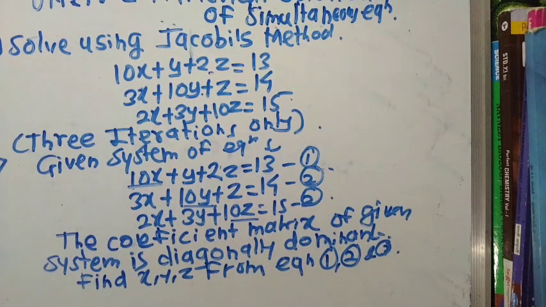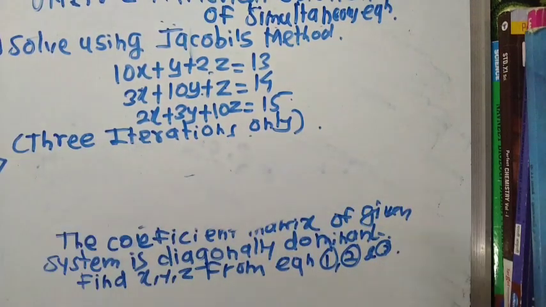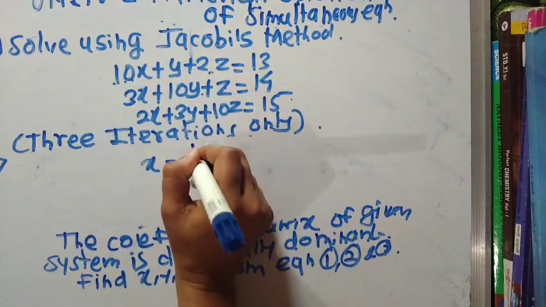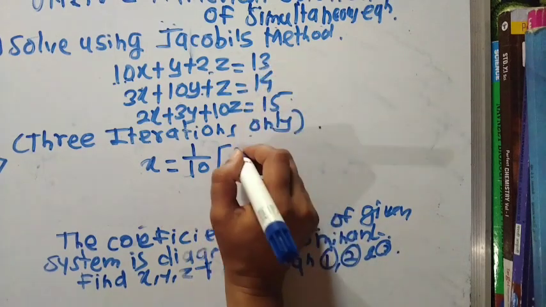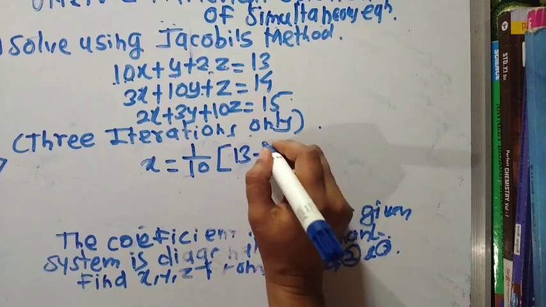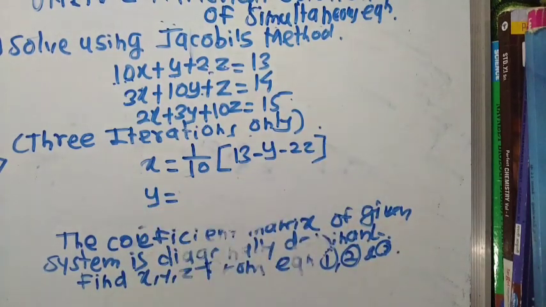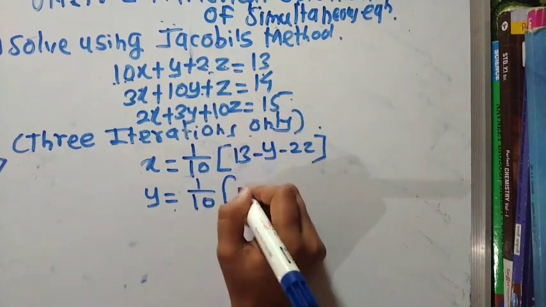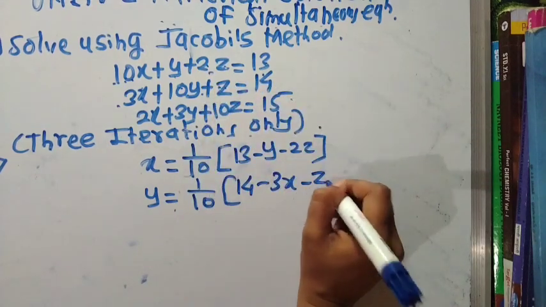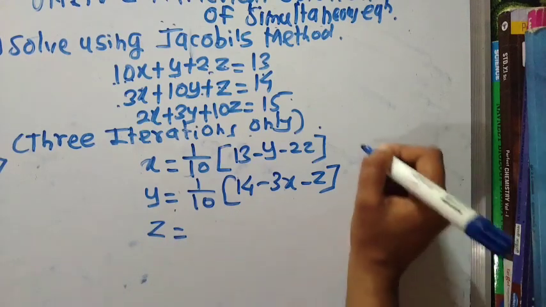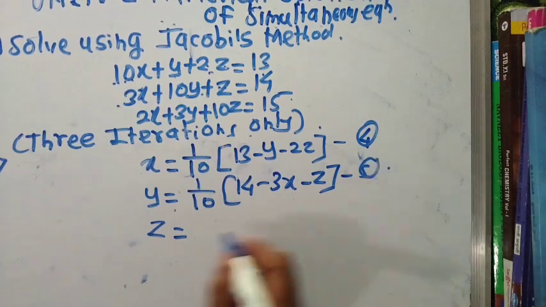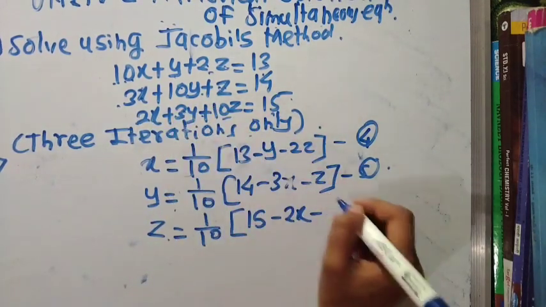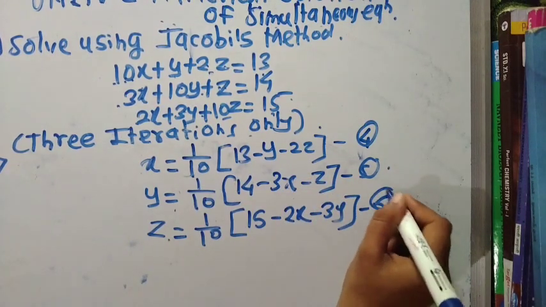So here, first x is equal to 1 divided by 10 (13 minus y minus 2z), and y is equal to 1 divided by 10 (14 minus 3x minus z), and z is equal to 1 divided by 10 (15 minus 2x minus 3y). These are the equations.